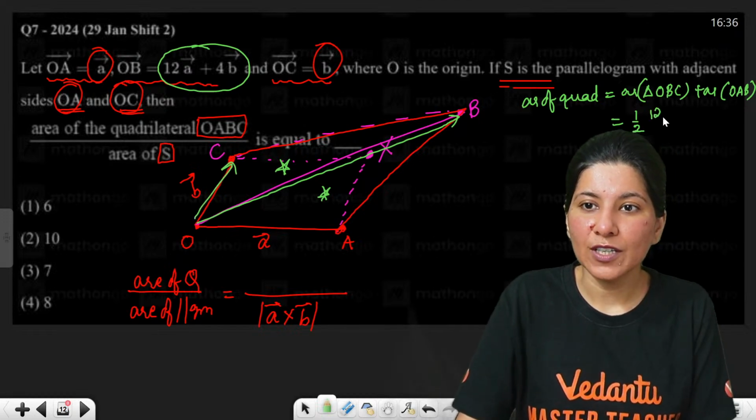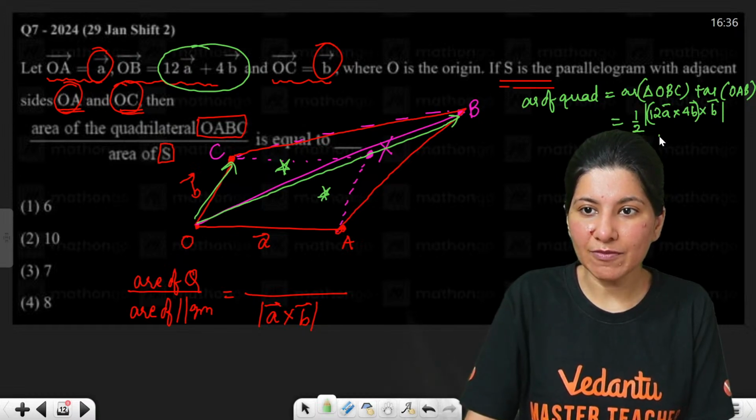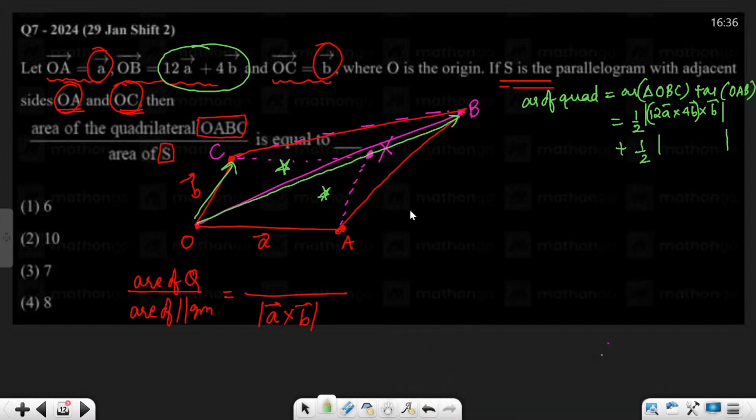So half magnitude of (12A plus 4B) cross B, this is triangle OBC, plus half magnitude of, again, this vector A cross this: (12A plus 4B) cross A. This is area of quadrilateral.